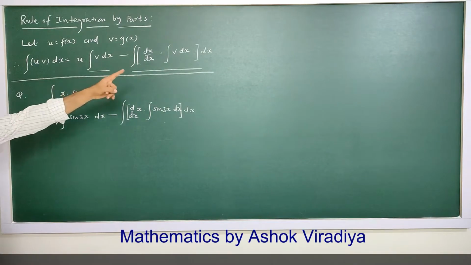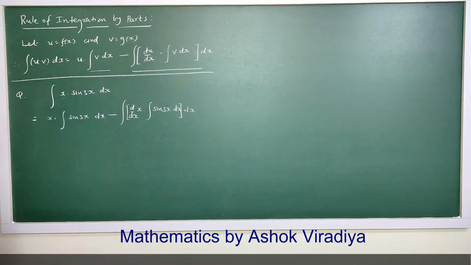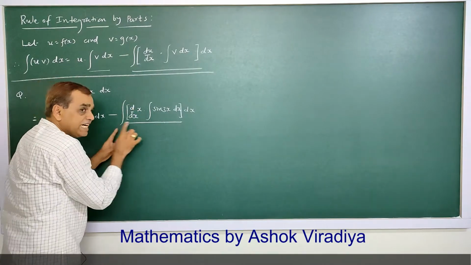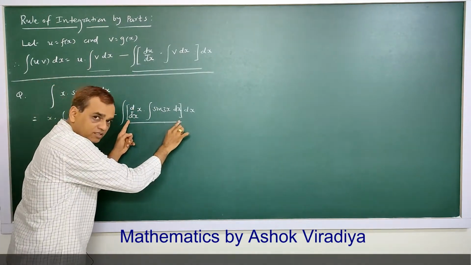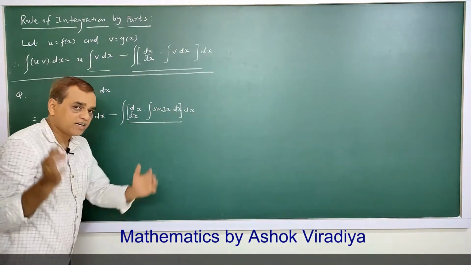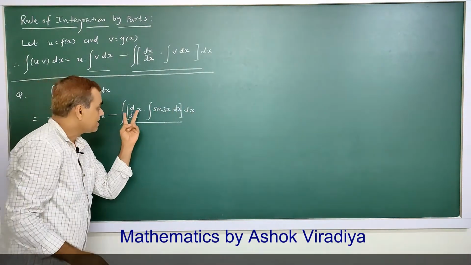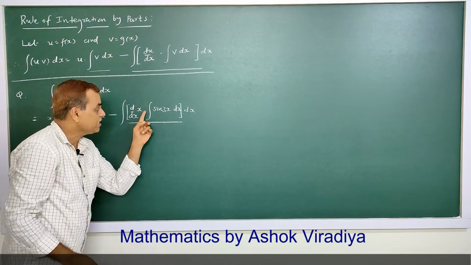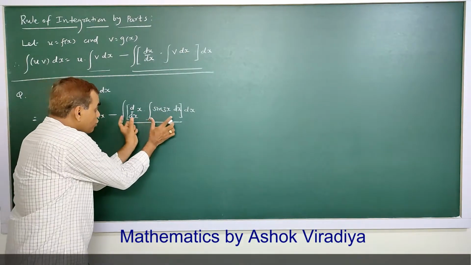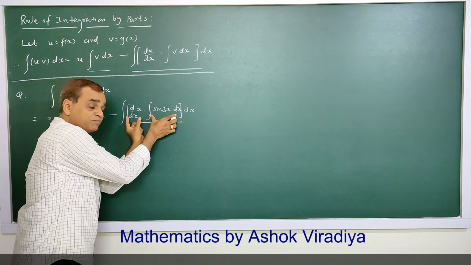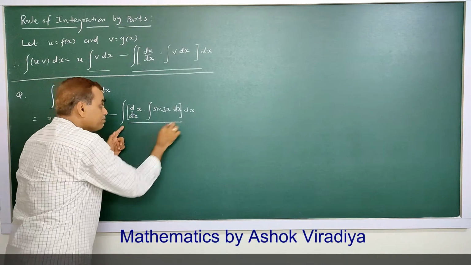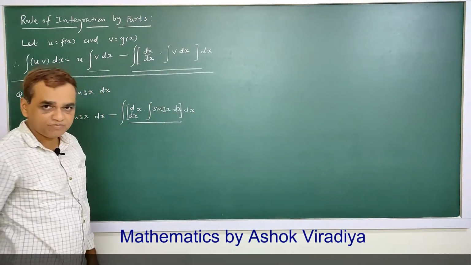So in the application of this formula, use a bracket here. The second term is the integral of this box with respect to x. Now the box includes the derivative of u into the integral of v with respect to x, and whatever is the product of this derivative and this integral, we take the integral of this product with respect to x.